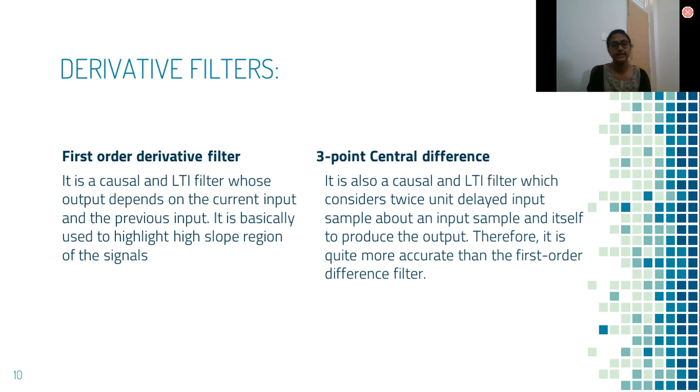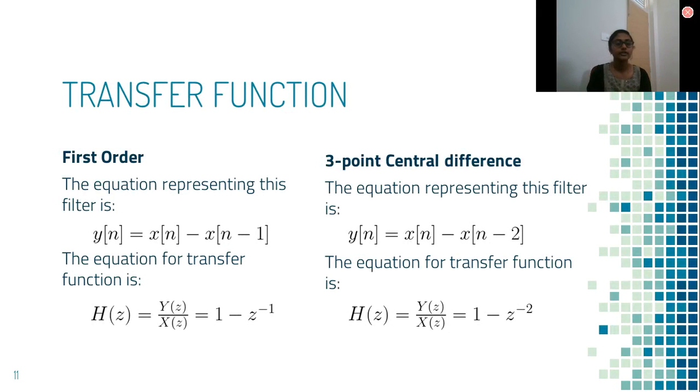Let us see these equations. For the first order filter, y of n equals x of n minus x of n minus 1, and the transfer function is H of z equals 1 minus z power minus 1. By substituting z equal to e power j omega, we get the phase response and the magnitude response of this filter. For the 3-point central difference filter, the equation is y of n equals x of n minus x of n minus 2.